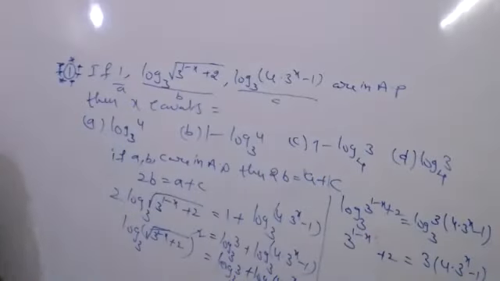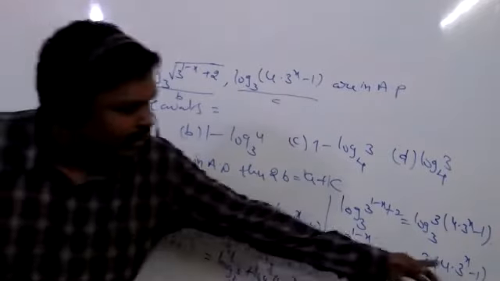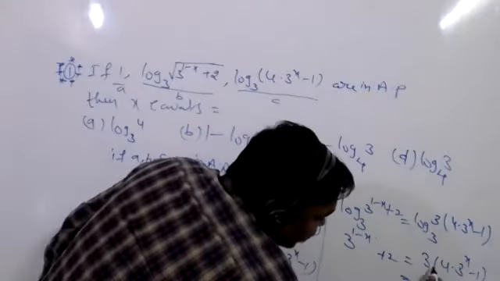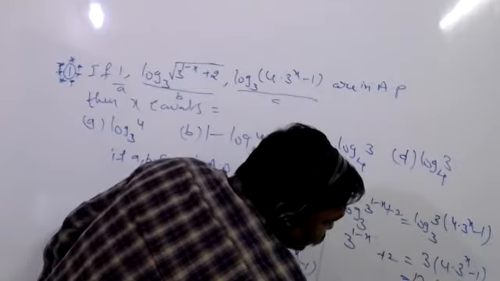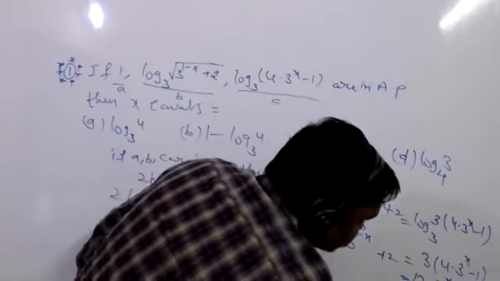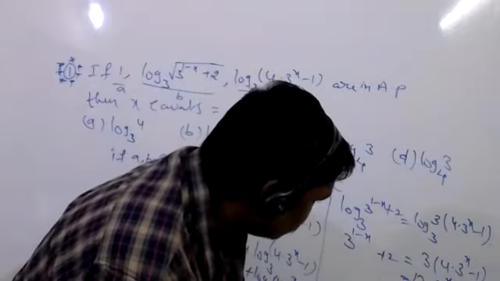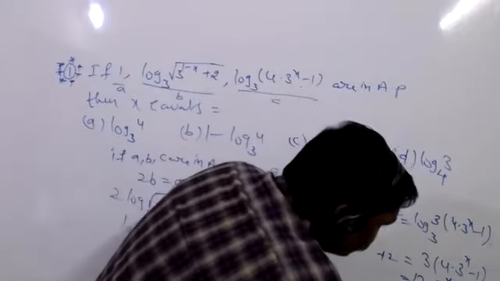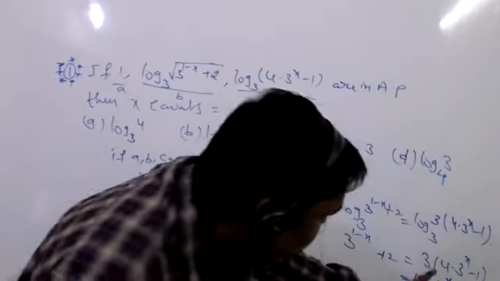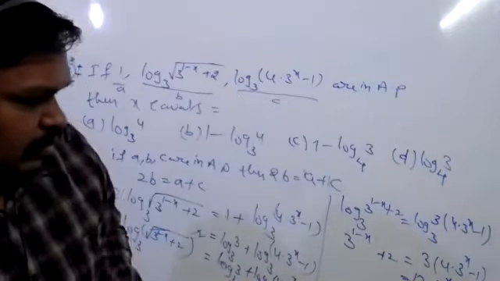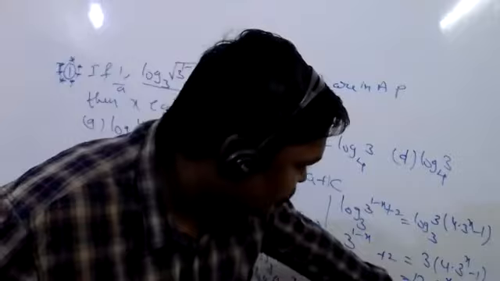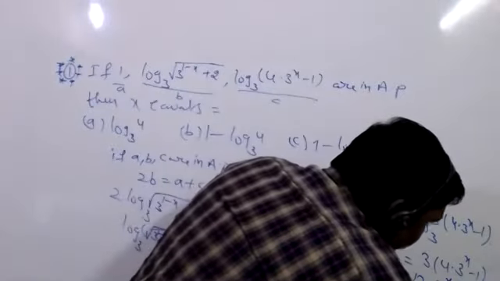Then 3 into 4 are 12, 12 into 3 power x, into 3 power x minus 3.